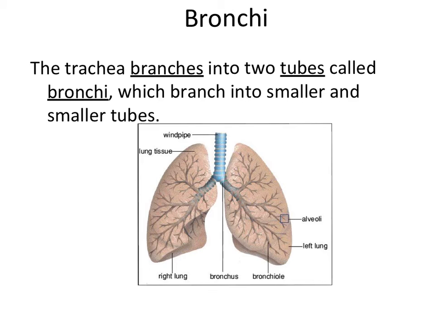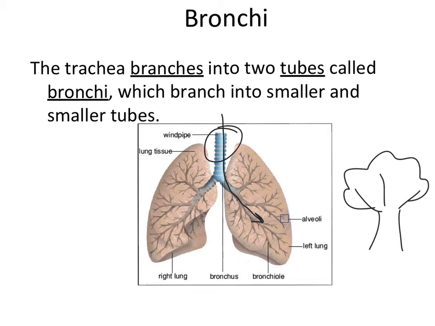Again, these are tubes allowing the air to come down and into the lungs. Notice, if you flip it around, it kind of looks like a tree. I think of the trachea as the trunk, the bronchus as the main branches, and the bronchioles as the little branches on the tree.